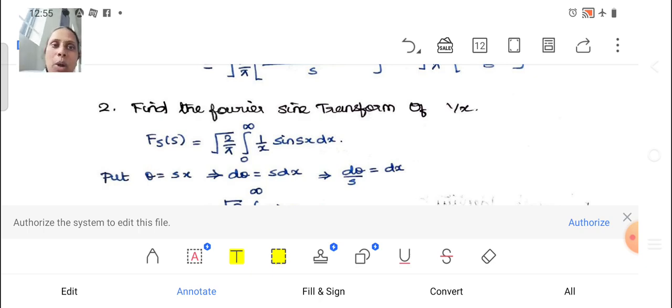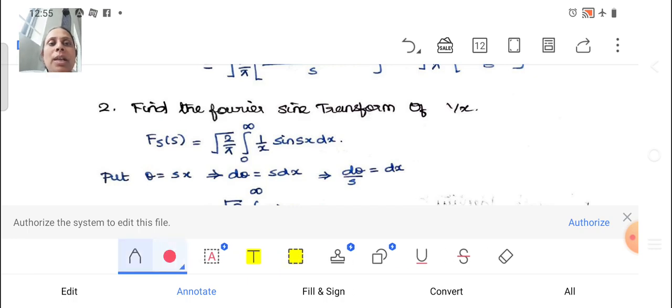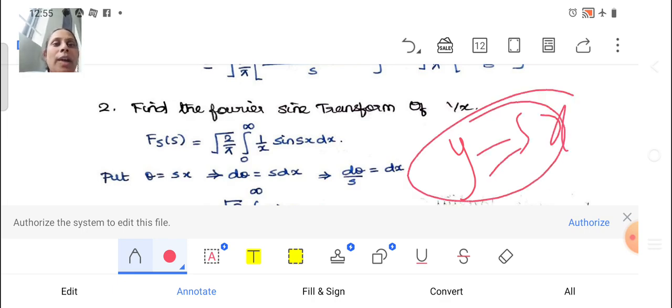Here we solve this problem by the substitution method. Let theta equal to sx. Then x is nothing but theta by s.